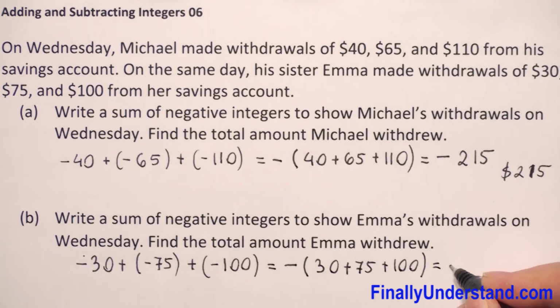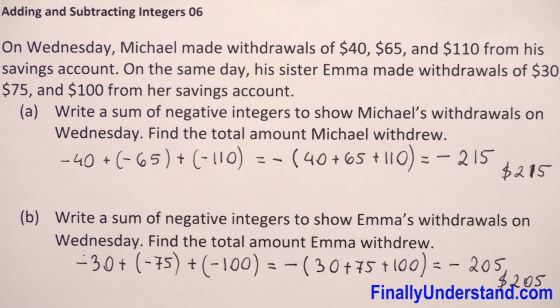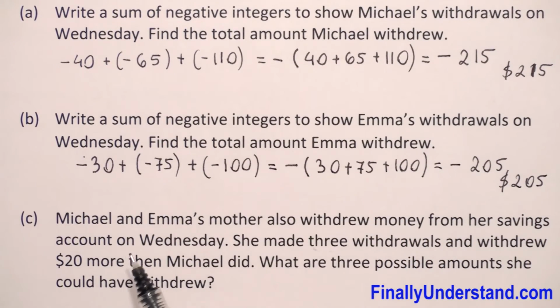So this is equal to, negative sign we rewrite, 30 plus 75 is 105, plus 100, so it will be 205. So we can write that Emma withdrew $205.